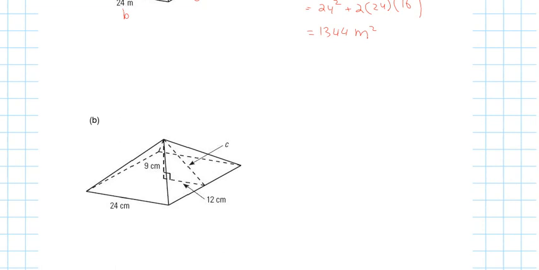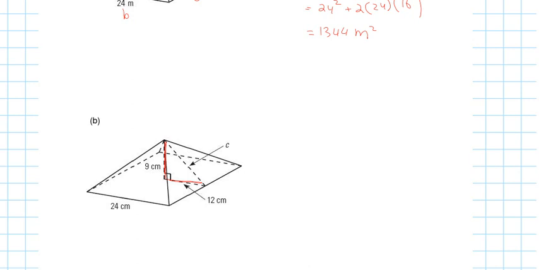So if you look at this, I know the height of the pyramid. Even if they don't give you this one, you should know this, because this is half of your actual base. When I'm drawing the height of the pyramid, I'm going to draw it right in the middle of my pyramid, so it's going to cut my base.